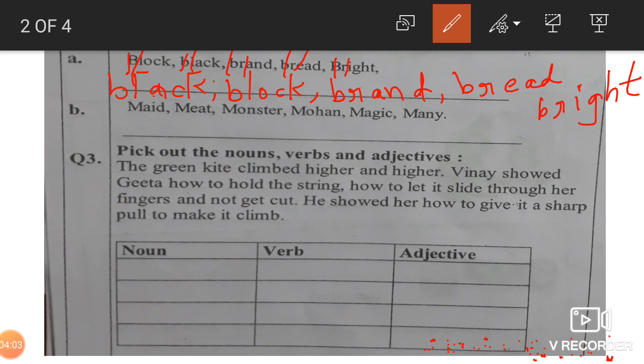Next is made, meet, monster, Mohan, magic and many. Okay, so MA, then ME, MO, MO, MA, again MA, MA, MA, three words are there. So MA, MA and MA three words हैं, तो M से compare नहीं होगा बेटा, so M we will cancel.